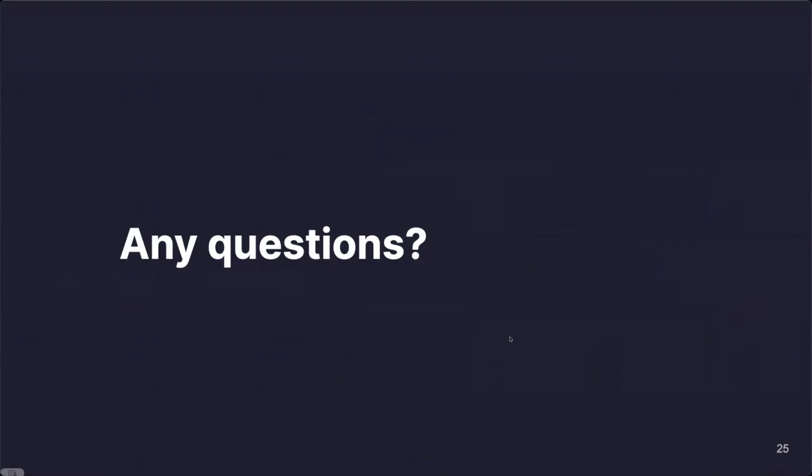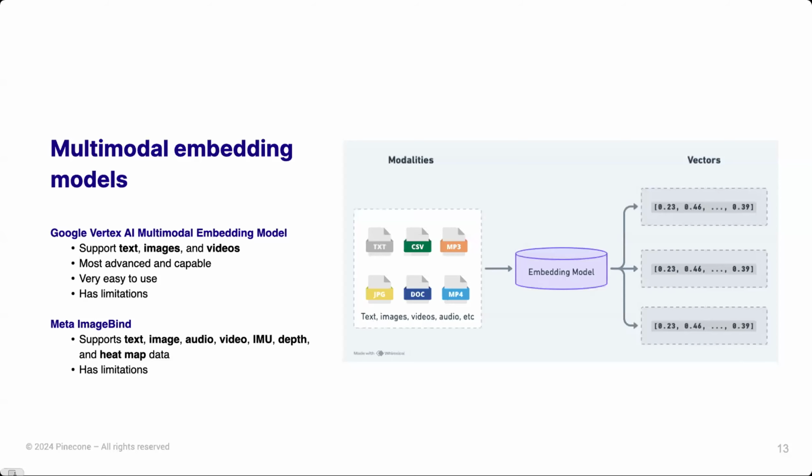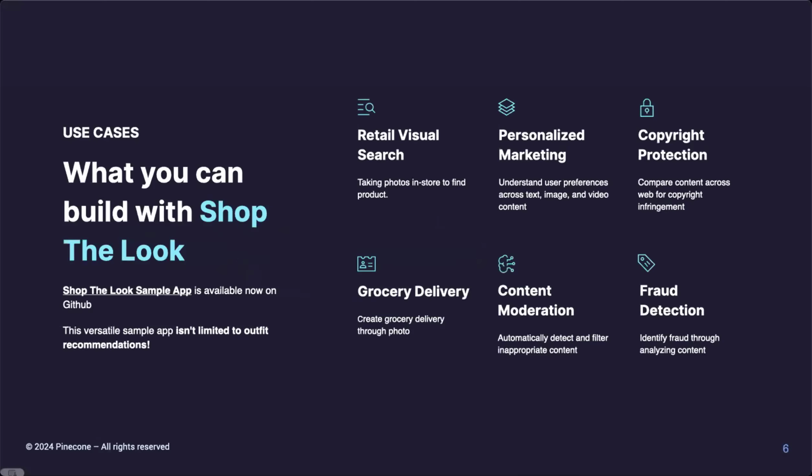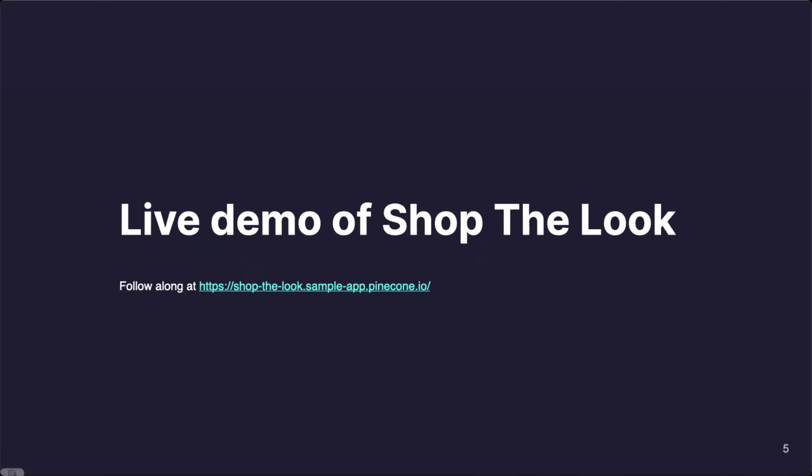So what is similarity search? Again, if you need to ask a question, go into the Q&A section and ask them, and I'll cover every single one. So similarity search, a score in this case, quantifies how closely two vectors match. The first vector is the input vector, so this is the input text, input image, and input video.